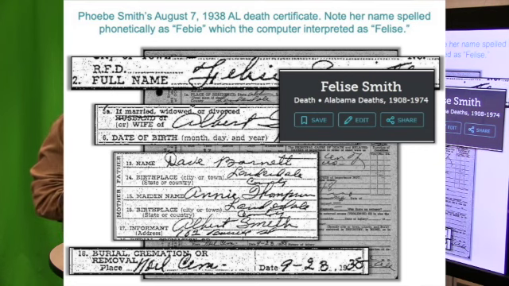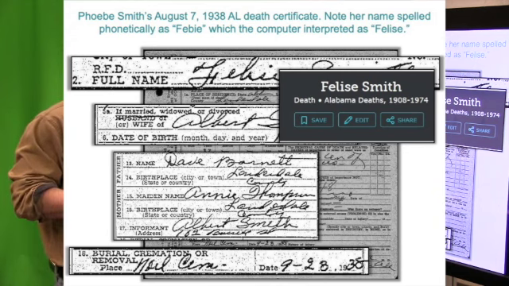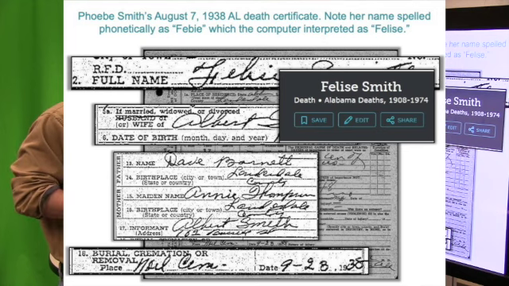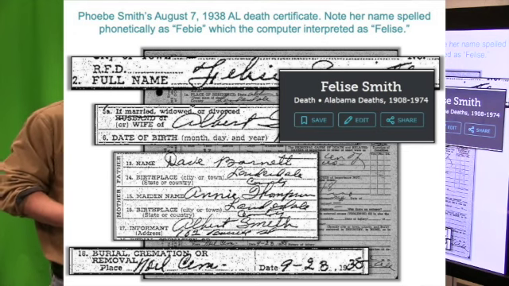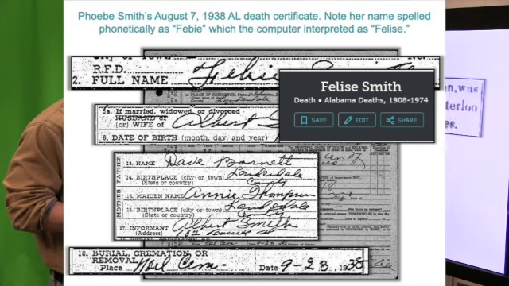And I've checked these records, and Albert got it exactly right. As the head of the household, or her husband, he was in a better position to know who her parents were than other people would be. But sometimes if the informant is the undertaker or the physician that tended the person when they were sick, you just have to try to verify whether some of this other information is correct.